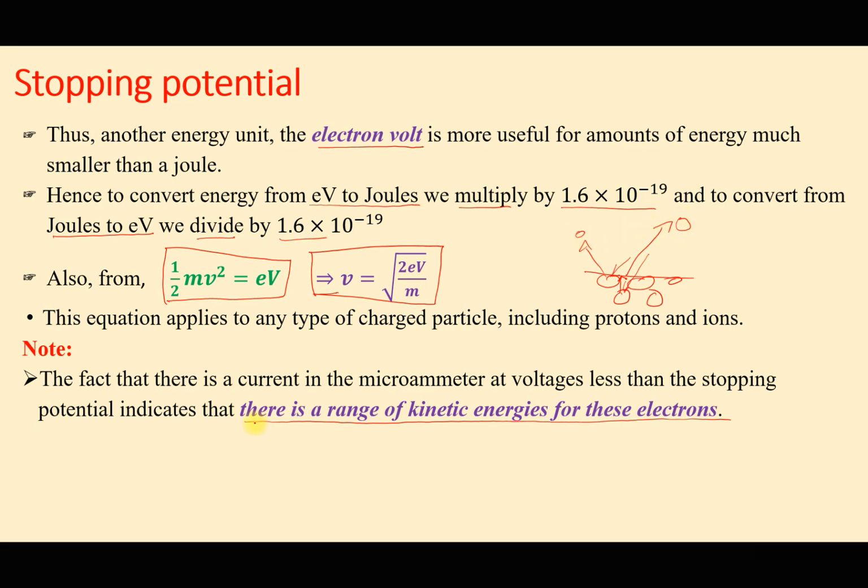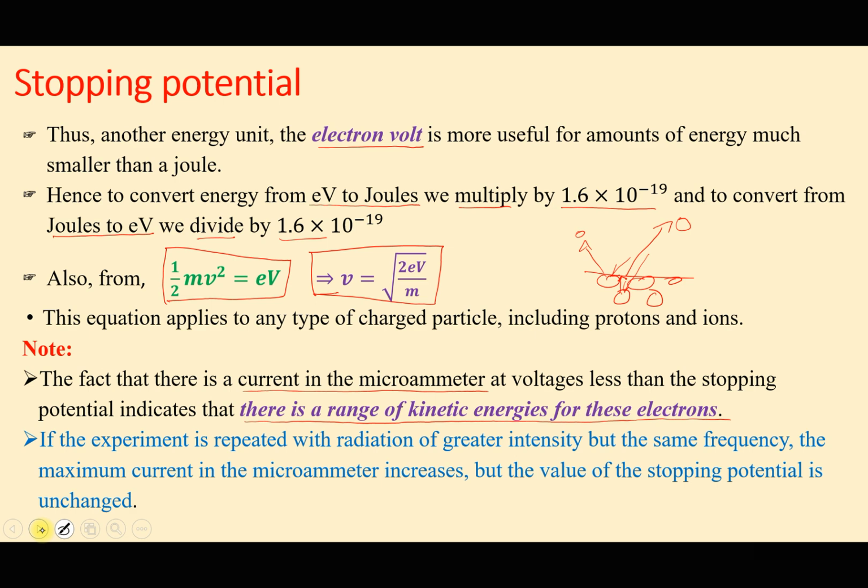So there is a range of kinetic energies for these electrons when they are ejected from the metal plate. That's why the microammeter had a current at voltages less than the stopping potential.